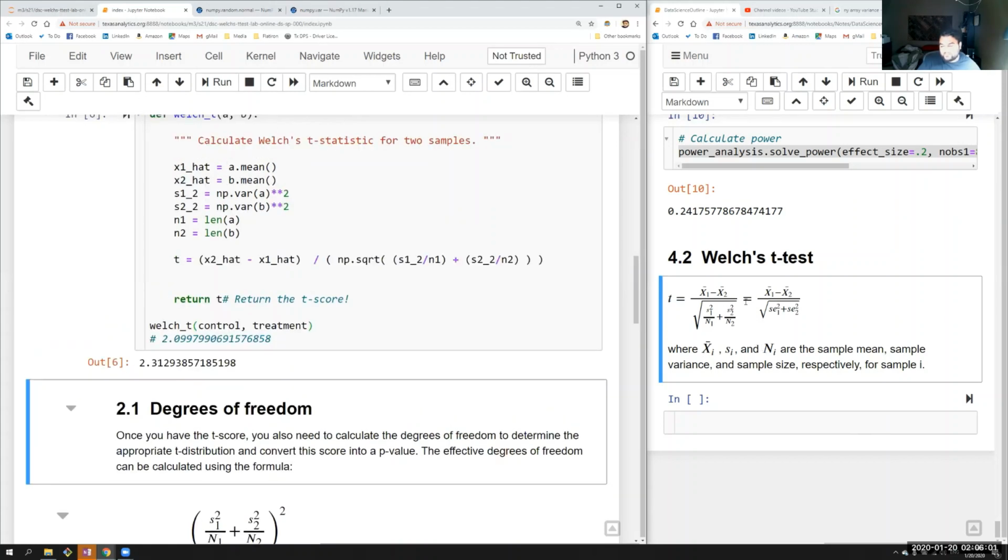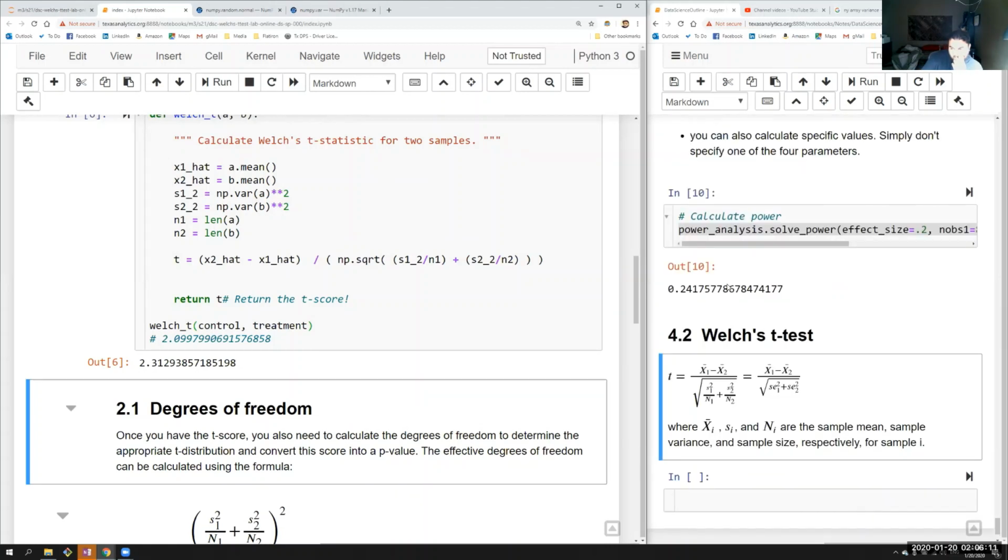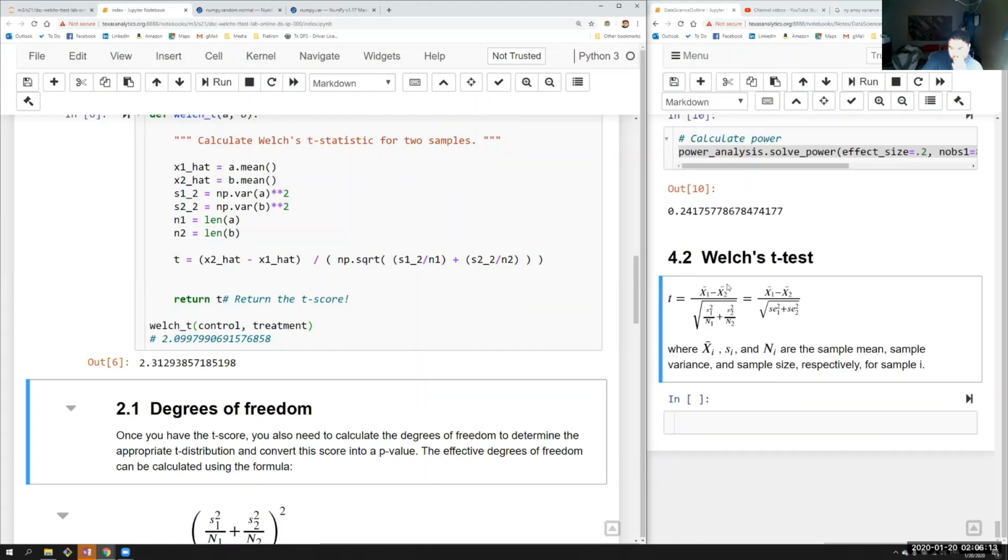Okay, I'm going to check it again. What am I doing wrong? It looks fine. I don't know what the problem is.